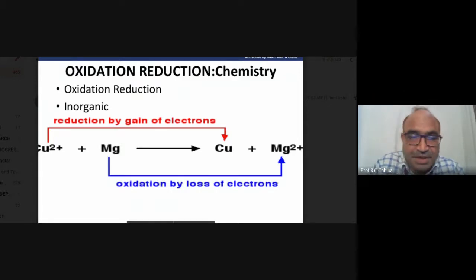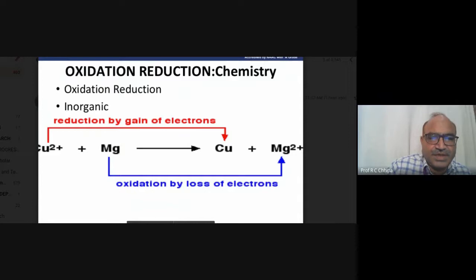So oxidation and reduction both are there. Copper plus 2 and magnesium react with each other and show electron behavior, and that electron behavior is correlated with oxidation and reduction.